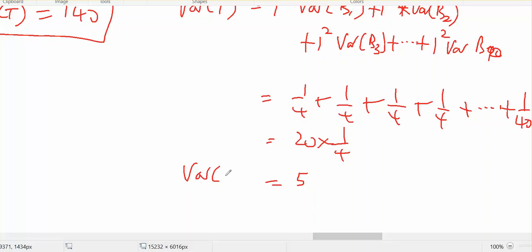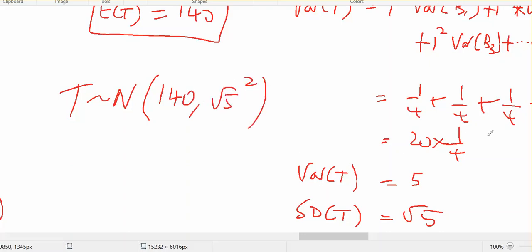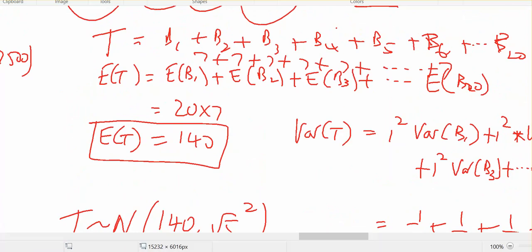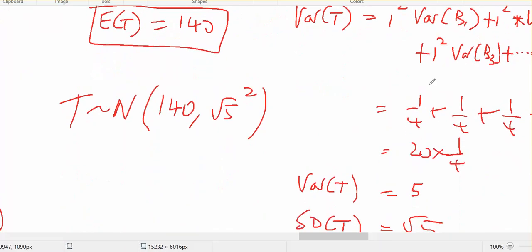So the variance of T will be 5, so the standard deviation of T is √5. So now I know the total of the 20 batteries is normally distributed with a mean of 140 and a variance of 5, which is a standard deviation of √5. And I was able to use these rules to determine that.